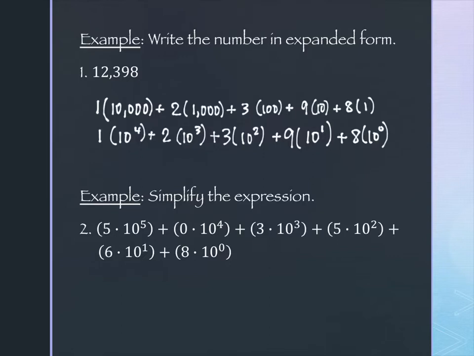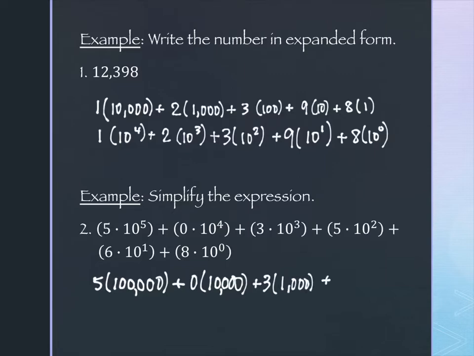So if we want to think about this as 5 times 10, so this is a 0. This has to have 5 zeros: 2, 3, 4, 5. So this is 100,000. We have a 0, and then there's 4 zeros: 1, 2, 3, 4. That's 10,000. We have a 3 with 3 zeros. That's 1,000. We have a 5, and then the 10 with 2 zeros is 100.